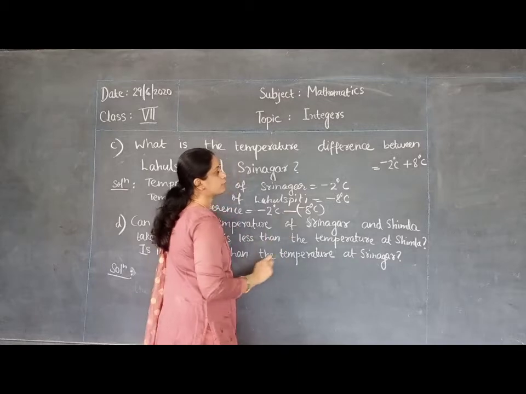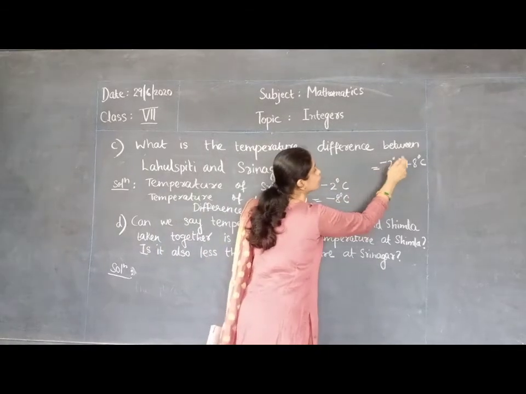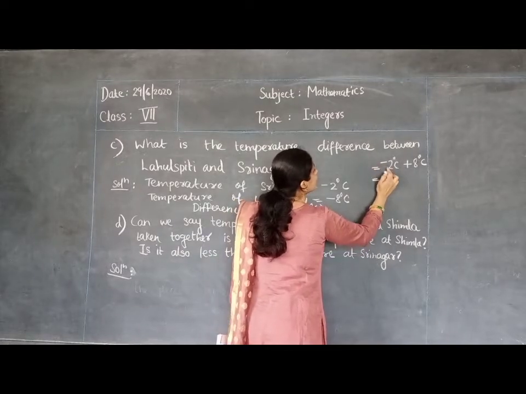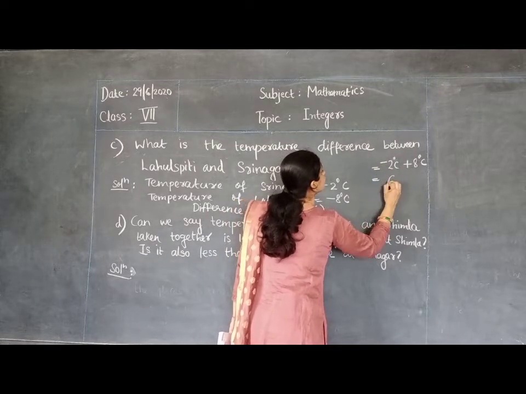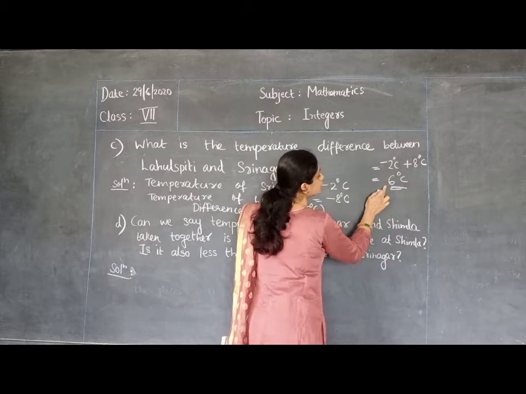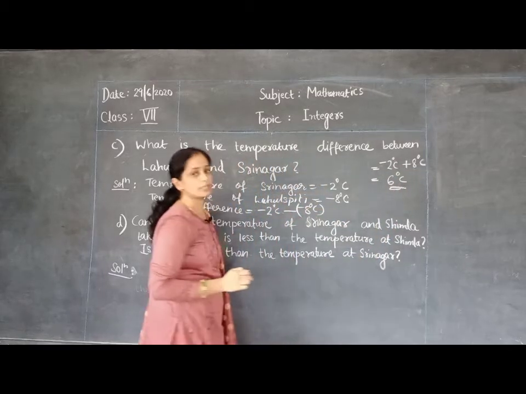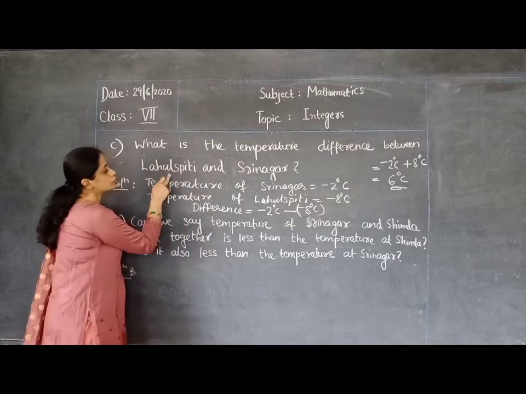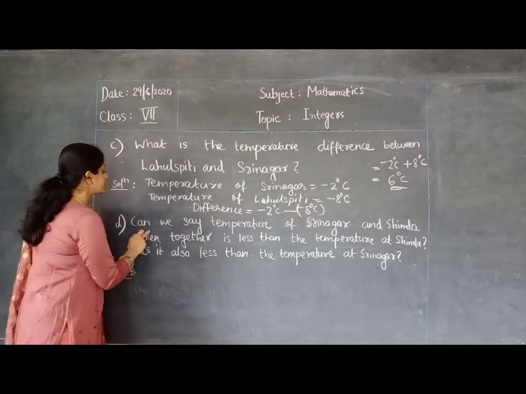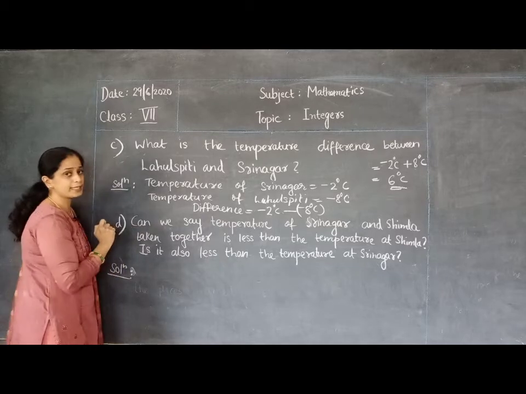Minus into minus plus you will get. So minus 2 plus 8 is 6 degree Celsius. So 8 minus 2, 6 you will get. 6 degree Celsius is the difference between Lahul Spiti and Srinagar. This is the solution.